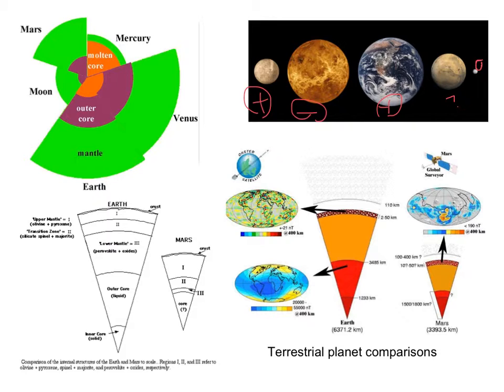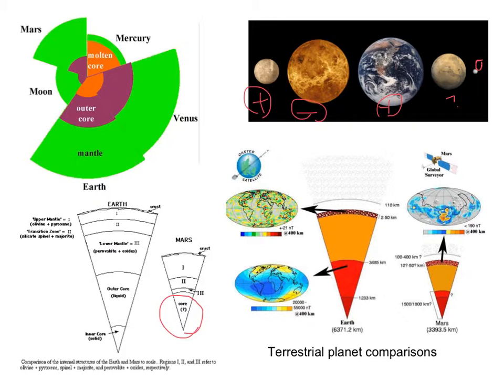Now, I do like this aspect of this diagram here, in that there is a fairly large question mark on the core. This is not my central area, but my reading of the field is that we're still unsure whether there is some amount of molten core or if it's all solidified.